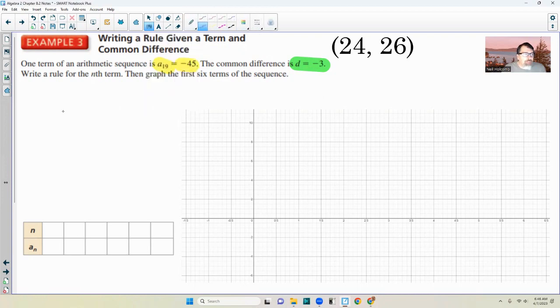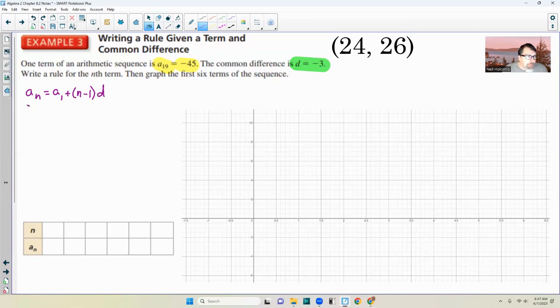So we just write our formula, and our formula is a sub n equals a sub 1 plus n minus 1 times d. So you write a formula and then you substitute the givens.